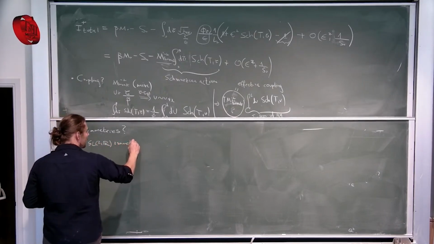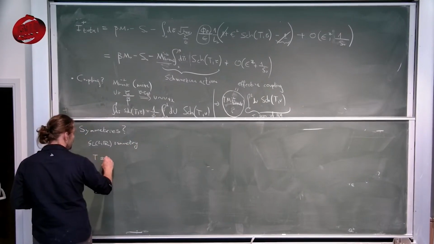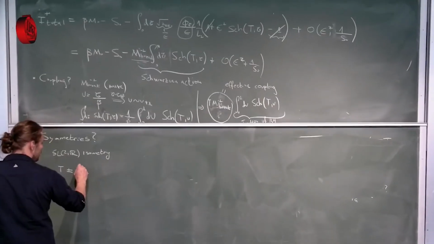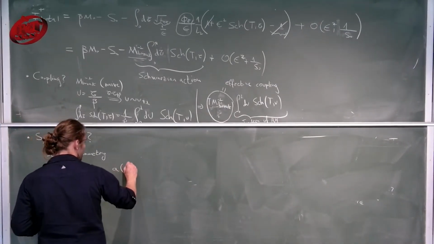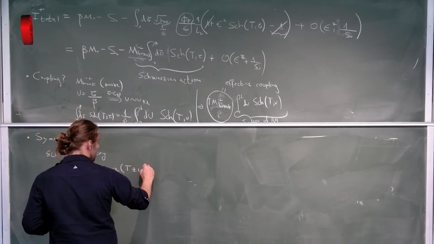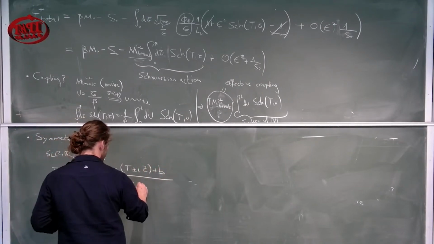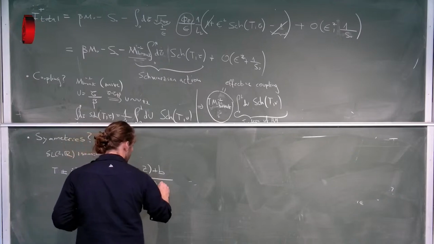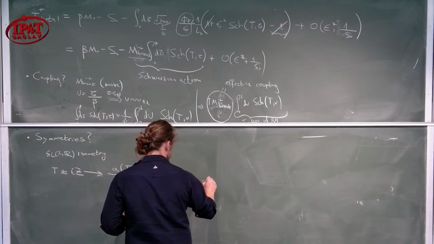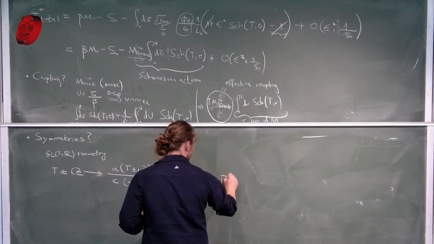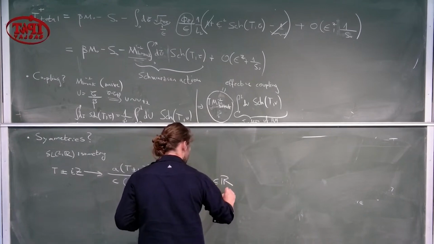Namely, if I take the metric written in Poincare coordinates and perform an SL2R transformation, it takes the following form: T plus or minus iZ goes to A(T plus or minus iZ) plus B, divided by C(T plus or minus iZ) plus D, for A, B, C, D real numbers, and AD minus BC equal to 1.